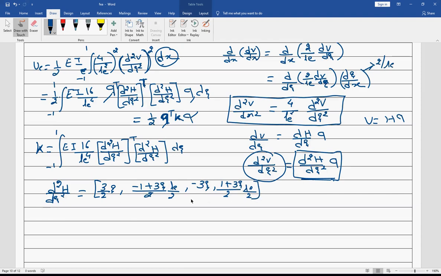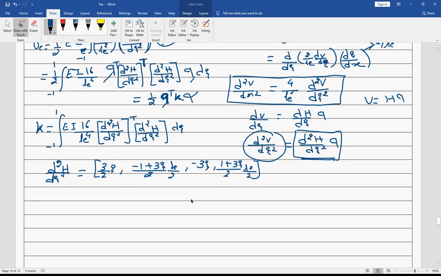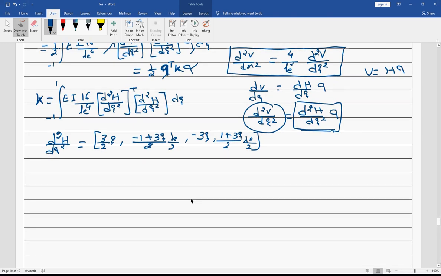So this is the differentiation, and then you will get a 4 by 4 matrix. So transpose into transpose, you get 16 terms, and those 16 terms you have to integrate within the limits of -1 to 1.